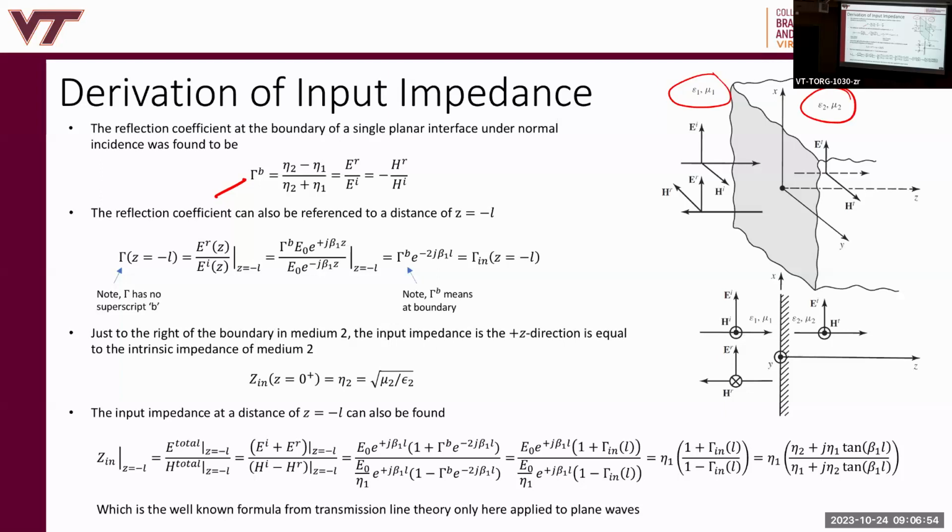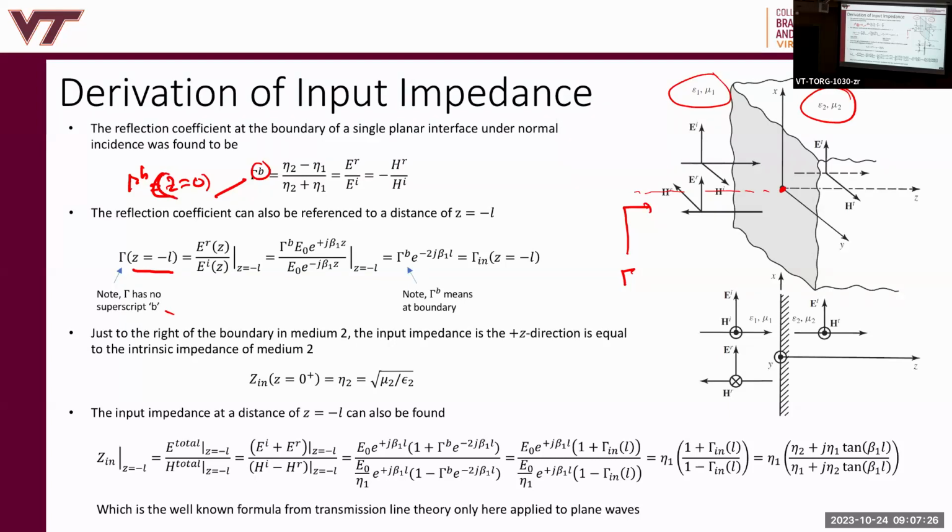We can also translate this reflection coefficient and reference it at a distance of z equal to minus L. So here it's gamma at the boundary, but we can also reference it back here somewhere and say, what is gamma looking in this direction at this point, right? And the way we do that is we say, well, gamma at z equal to minus L. This gamma b is at z equals to 0, right? So now it has no superscript b.